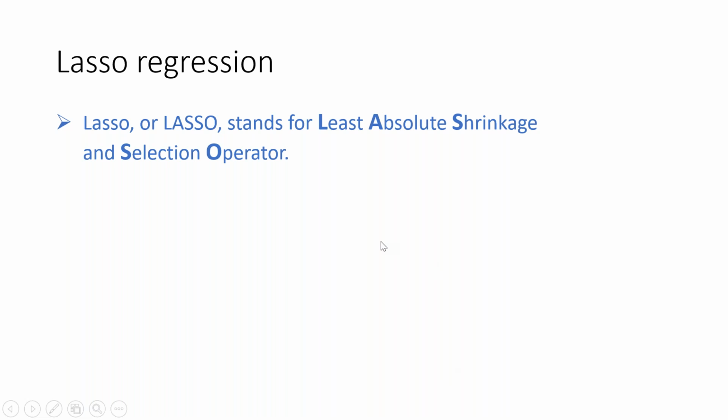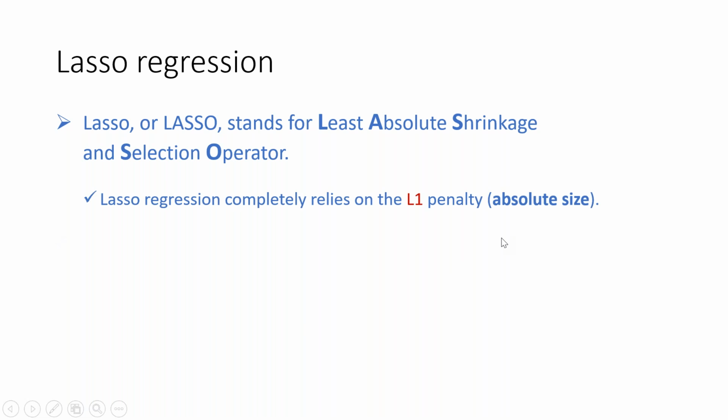Let us talk about lasso regression quickly. I'm not going to go into a lot of details, just a description. Lasso stands for least absolute shrinkage and selection operator. Very tough to remember, so remember it as lasso only. Lasso regression completely relies on the L1 penalty, meaning the sum of absolute sizes of your slopes, betas.